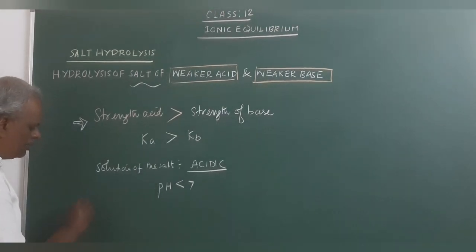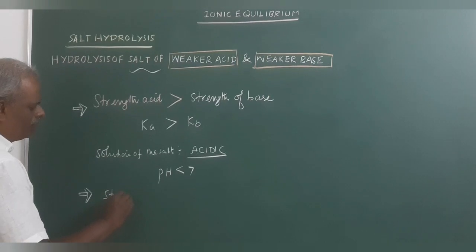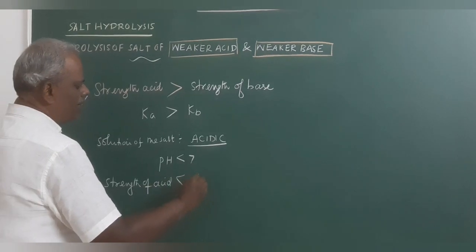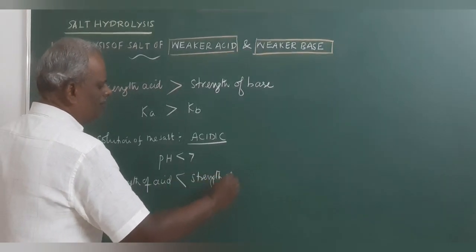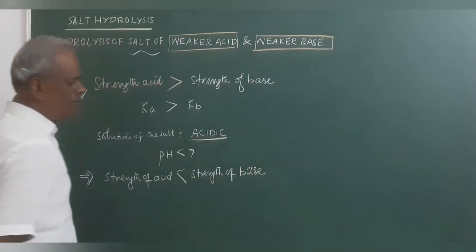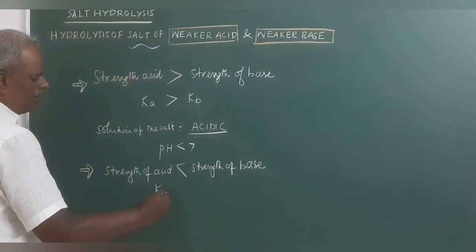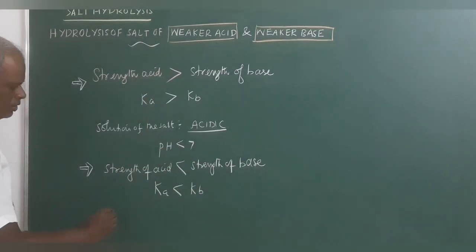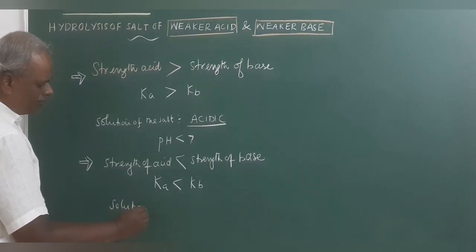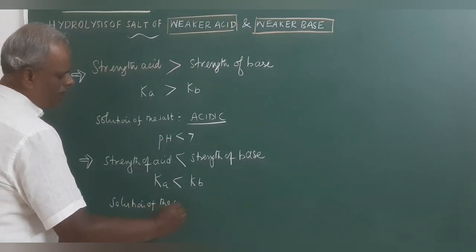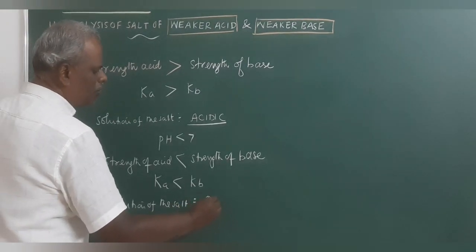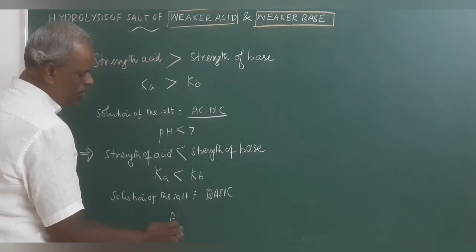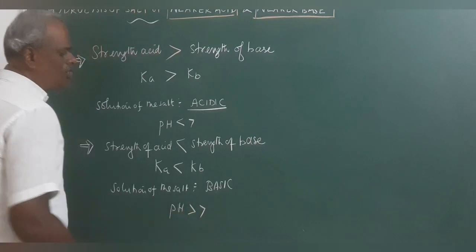Otherwise, the other condition: suppose the strength of acid is lesser and the strength of base is greater, just the opposite, Ka is lesser and Kb is greater. Then the solution of the salt after hydrolysis must be basic and its pH would be greater than 7.